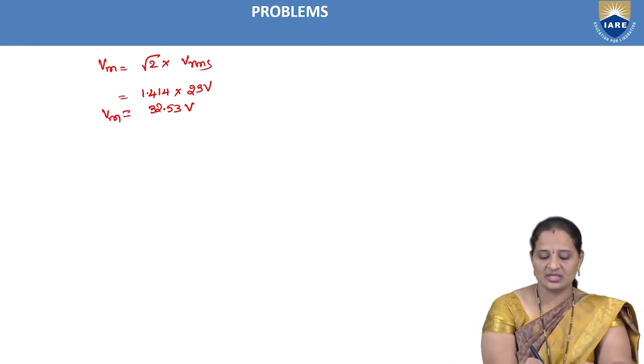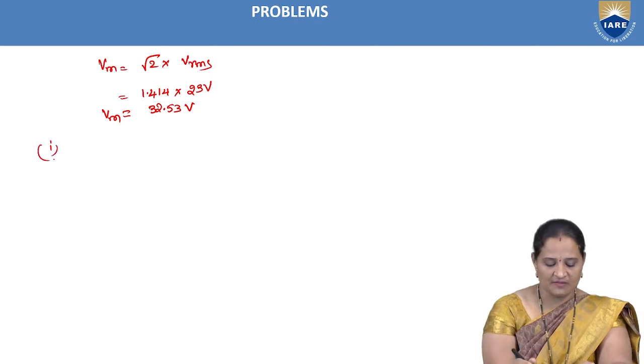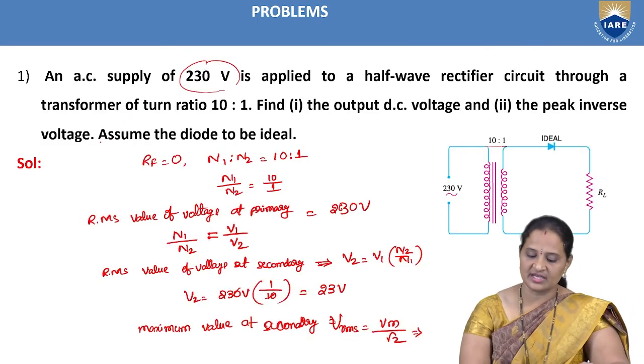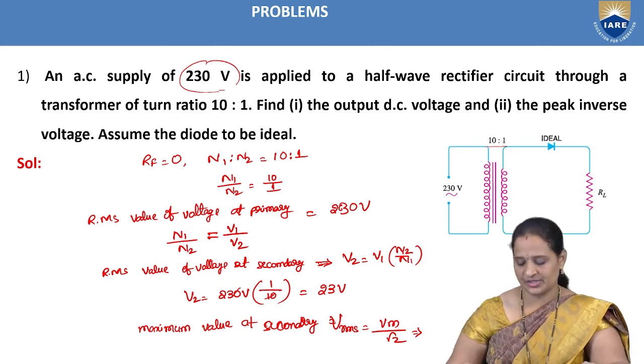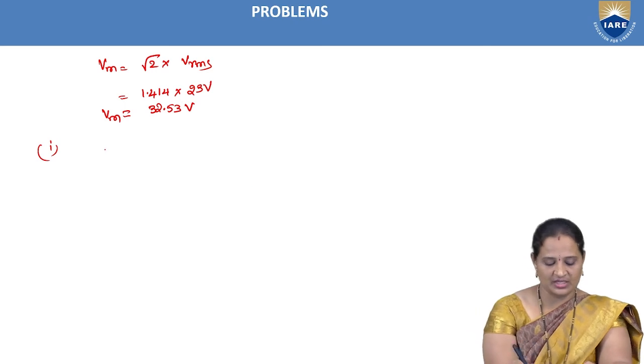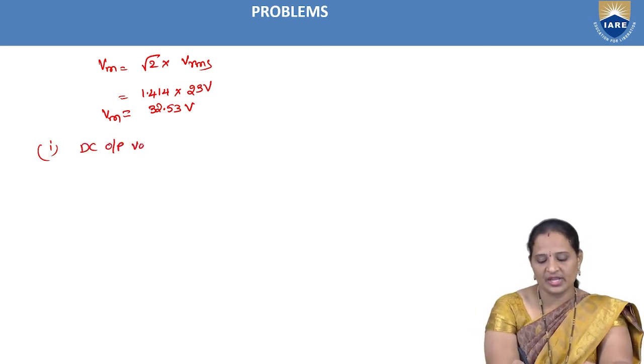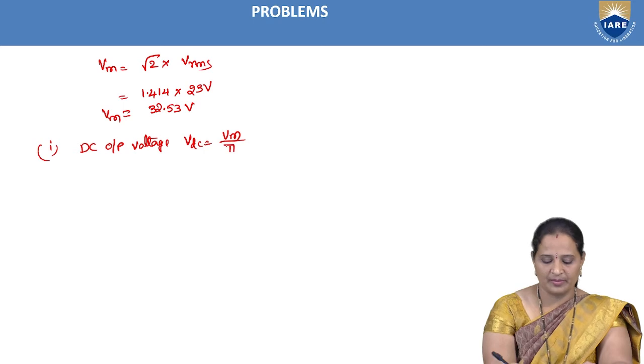As we know this, now let us solve the first part. What is the first thing we need to find out? The DC output voltage. To find the DC output voltage, we already have the formula, that is VDC equals Vm by pi.